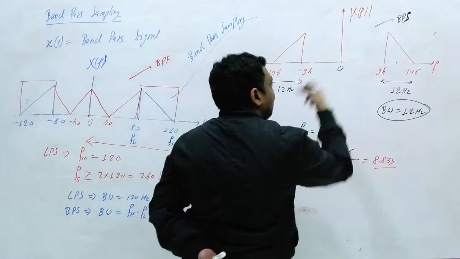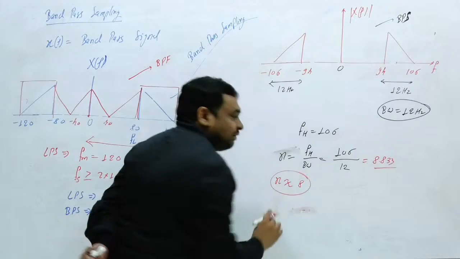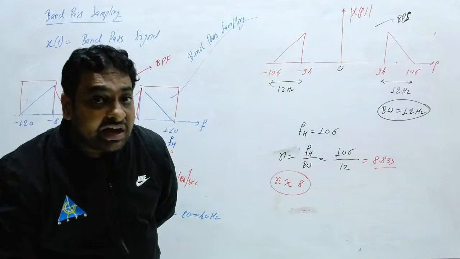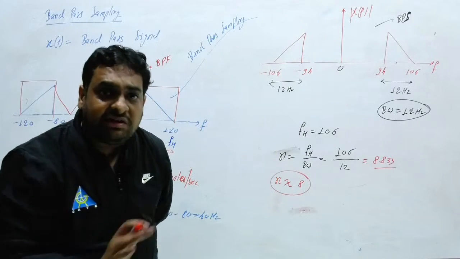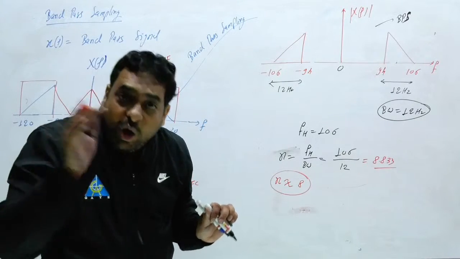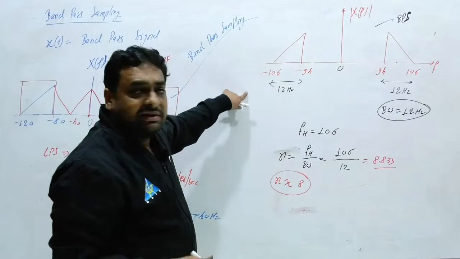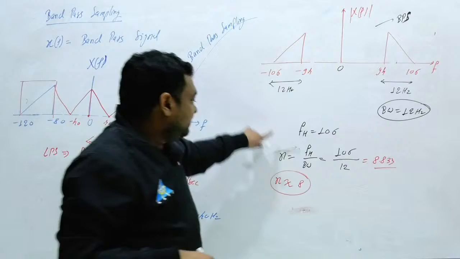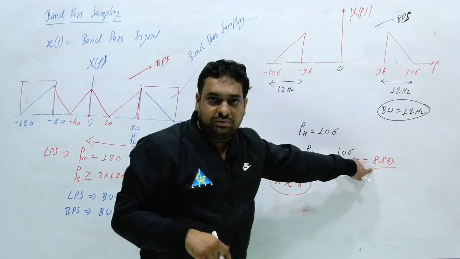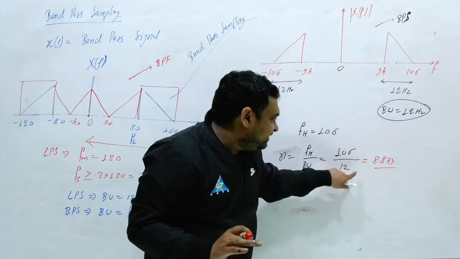So how many spectra can you consider here? I will consider 8 spectra. You cannot consider 9, because if you consider 9 spectra, overlapping will definitely occur. That's why in the previous case I told you to consider the lowest integer value, not the highest integer value. So the lowest integer value is 8.